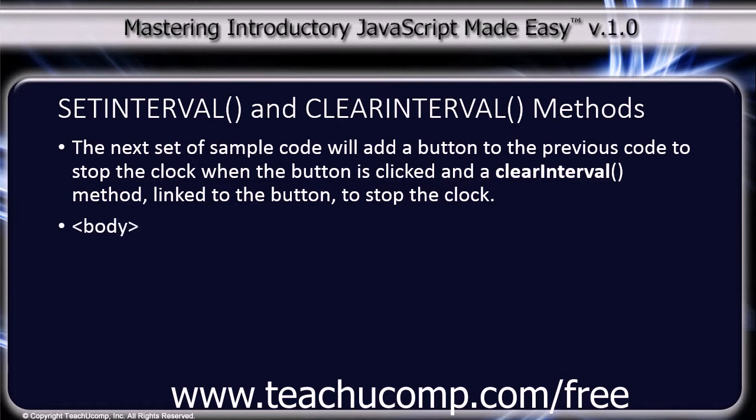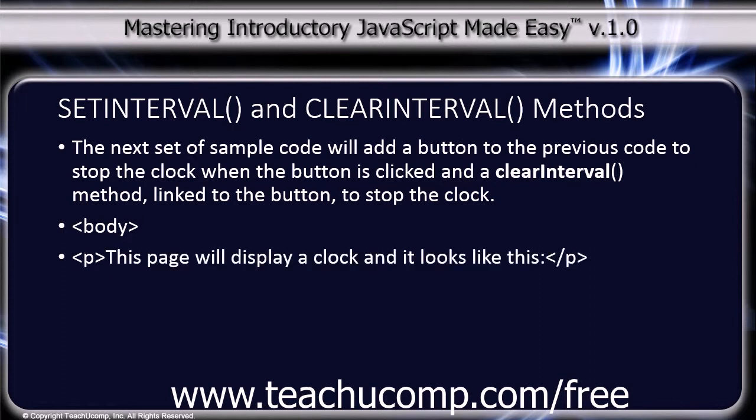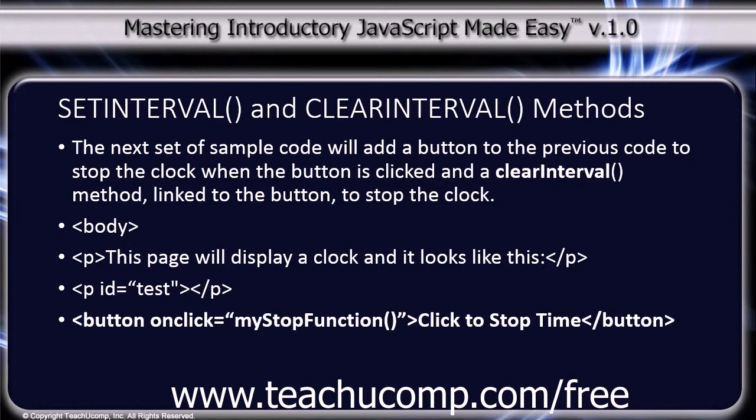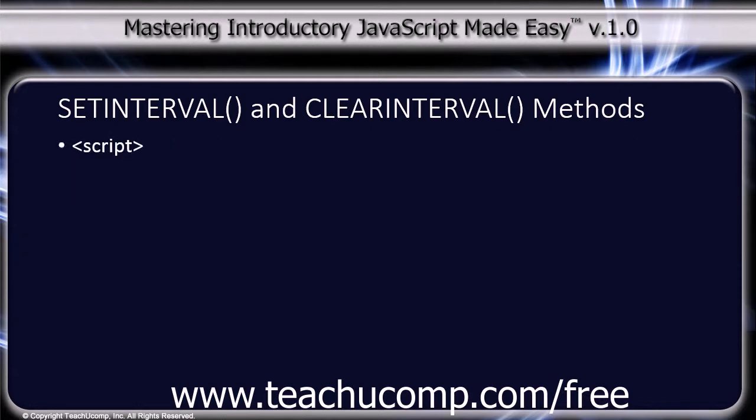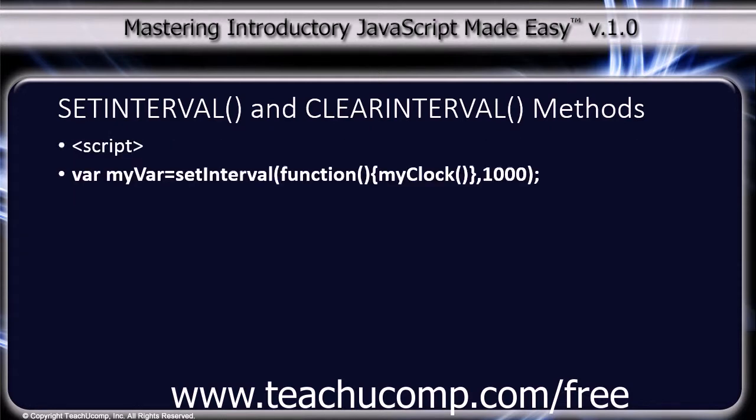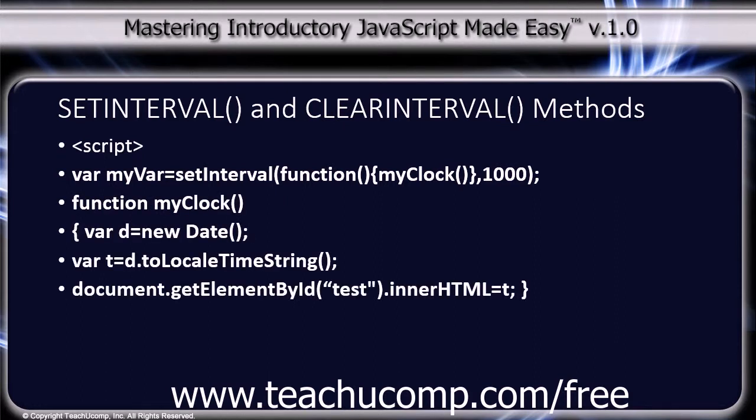The body tag, paragraph tag with the same information, paragraph tag with the ID of test, the new code button onclick equals "myStopFunction()", click to stop time, and the close button tag, close body tag, the script tag, and the same code from our setInterval sample.